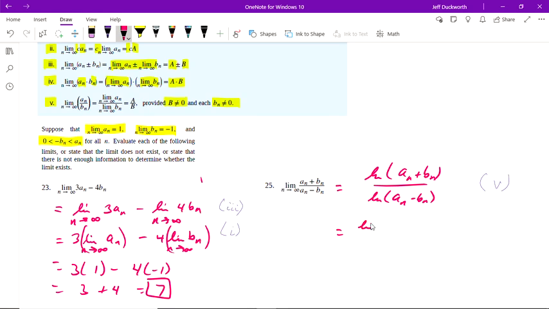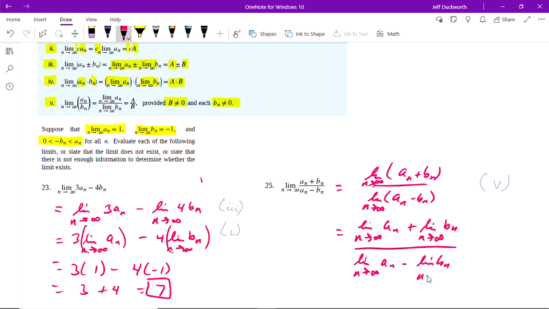So that's the limit as n goes to infinity of an plus the limit as n goes to infinity of bn, all over the difference of them. Again, I used number 3 for both the numerator and the denominator.